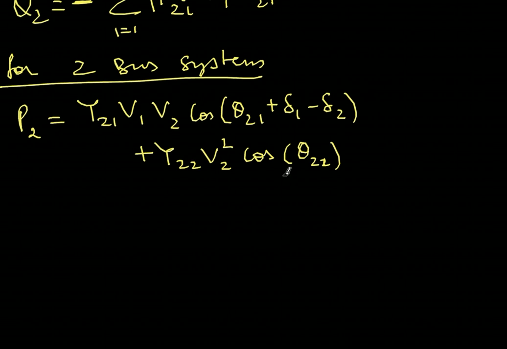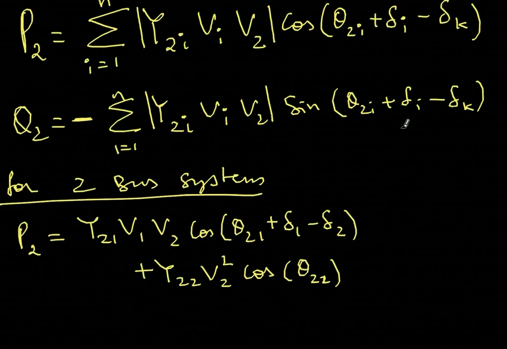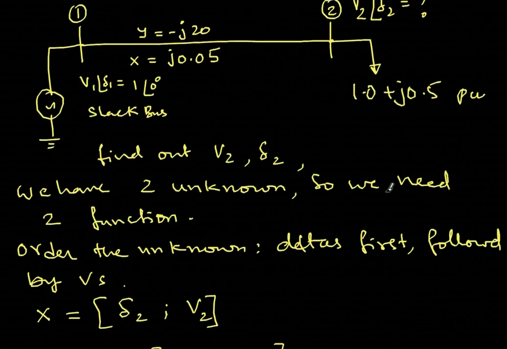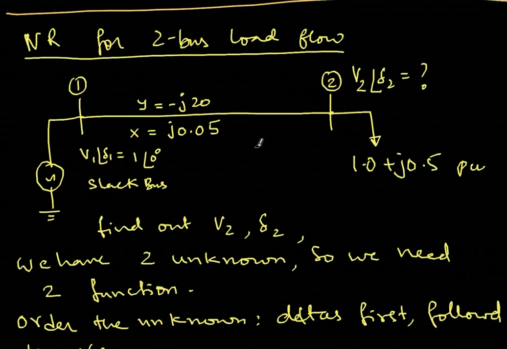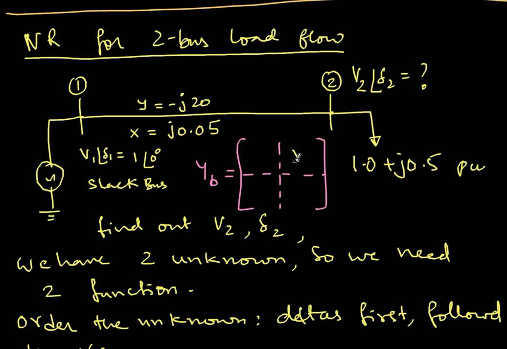If I further simplify, if you look at our network, let's draw the Y bus for our network. It will be a 2 by 2 Y bus, with j20, j20, minus j20, and minus j20. The magnitude is 20 and the angle for minus j is minus 90 degrees.